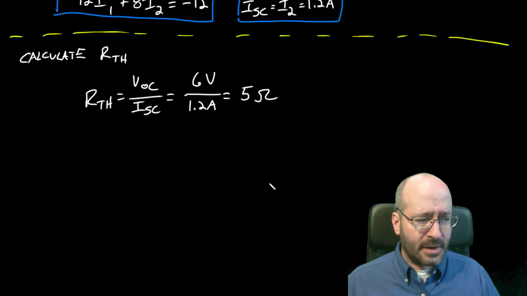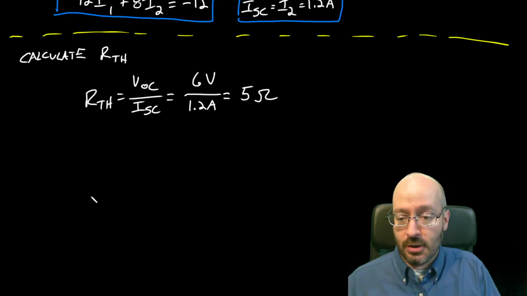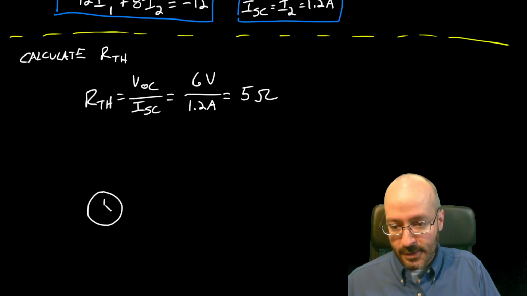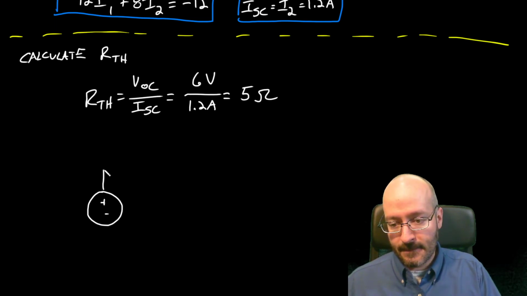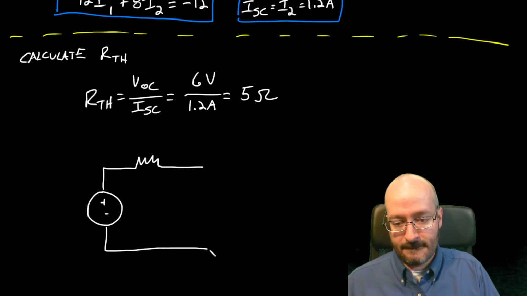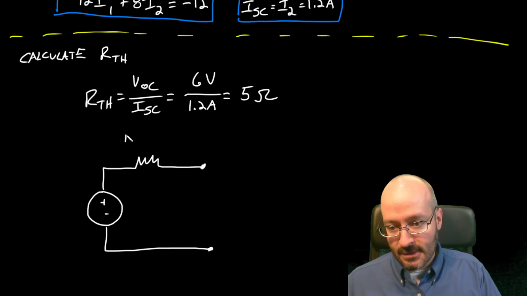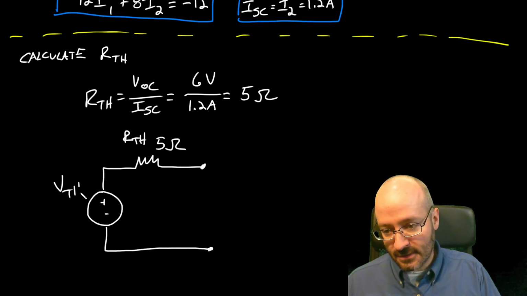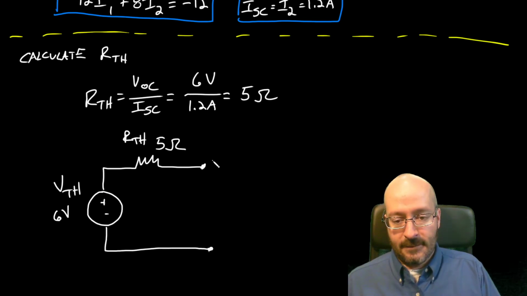Okay. Now, if I had to draw the Thevenin equivalent circuit, we get a voltage supply and a series resistance. This is our R Thevenin, and now we know that that's 5 ohms. This is V Thevenin, and we know that that was 6 volts.